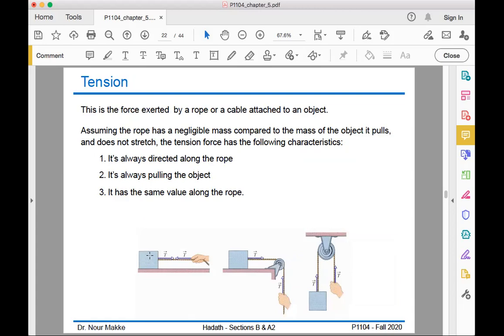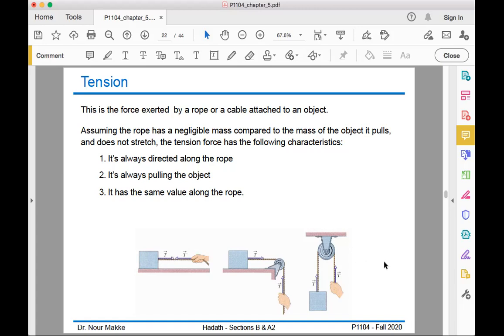If you have, for example, a block attached to a cable and you pull this cable, whatever the direction is, you are actually applying a force on this cable, and so this cable in turn will apply a force on you or on the block, and it will be pulling it in one direction or the other, depending on the case.